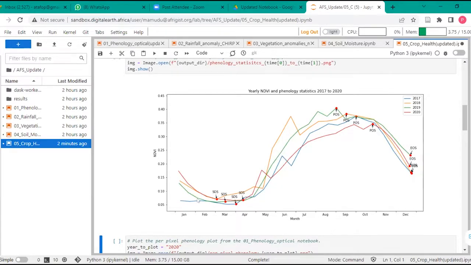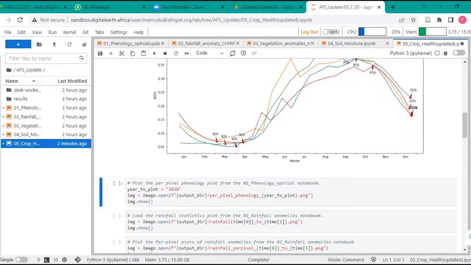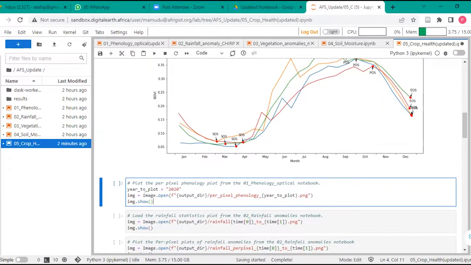So this shows us the phenology of the area of study, which is just a part of JOS. We can go ahead in the next cell to display the phenology for 1 year based on the per pixel phenology. We are going to do that for 2020 as we can see in this script here.